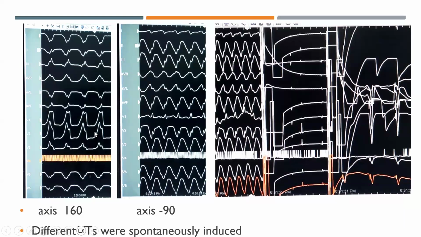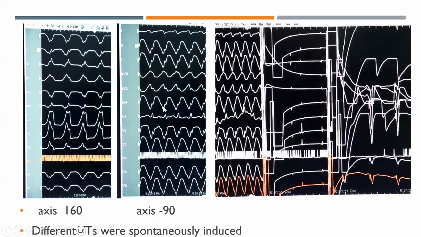As you can see, the first one has an odd axis. Again, it is right axis, about 160, because aVR is positive and lead 3 is positive, lead 1 is negative, and again it is of apical to mid origin.